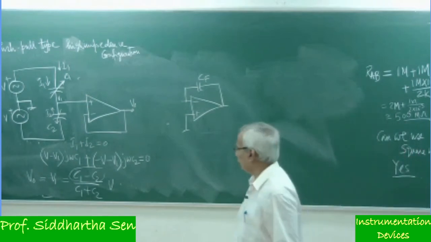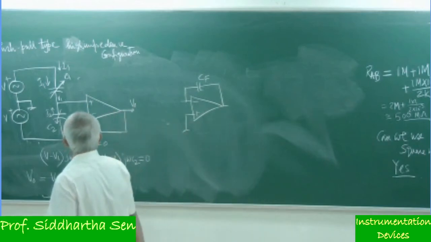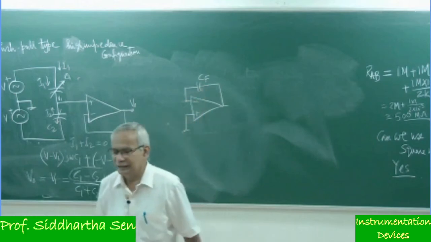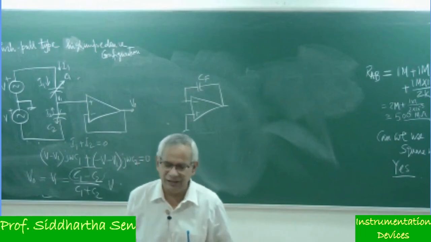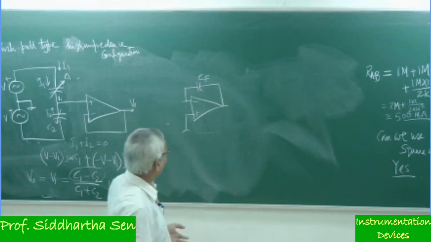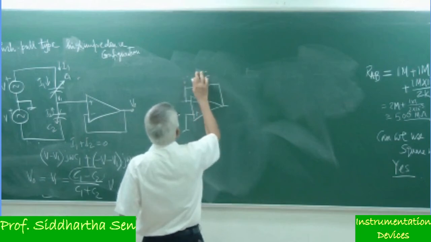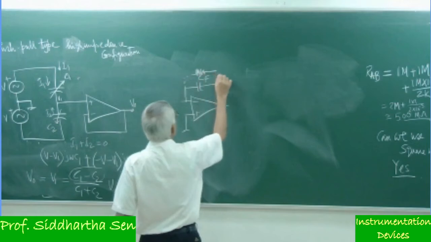Here gain is fixed based on C1 and C2 values, and we don't require any additional CF circuit, and obviously we don't require the parallel resistance RF which we thought of earlier, that is also not needed.